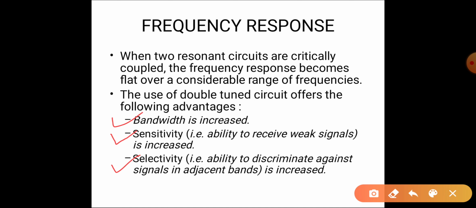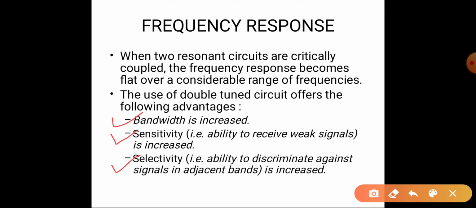Suppose we have amplified the frequency range between 450 kilohertz and 460 kilohertz. There will be an adjacent band like 460 kilohertz to 470 kilohertz. So it will differentiate between those bands. That is why the selectivity of this double tuned circuit is very good.